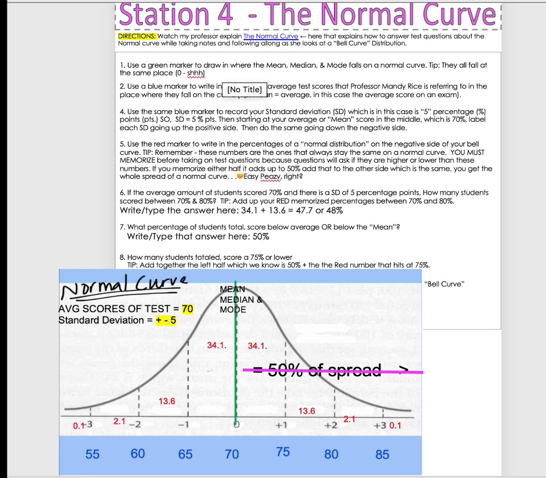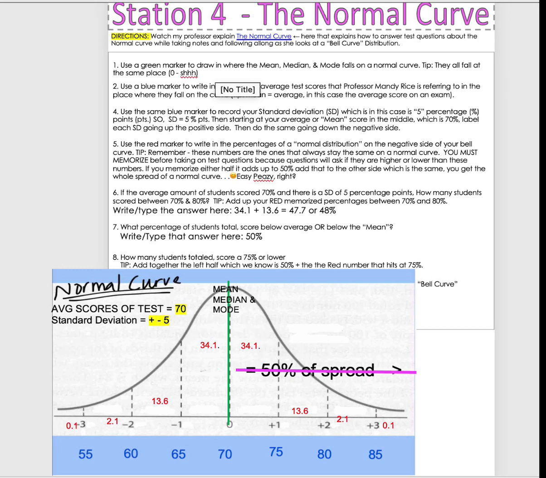So first we have our 34.1% on either side. Then we have our 13.6 on either side, our 2.1%, and the outliers down here at the 0.1 on either side of the normal curve.